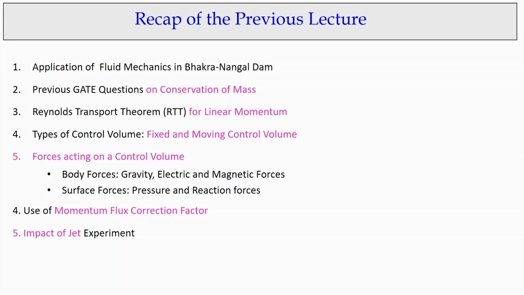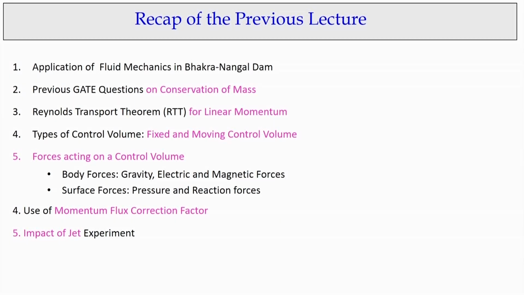And we talked about the forces acting on a control volume. There are two types of forces, body forces and surface forces. The surface forces are pressures and reaction forces, which we will discuss a lot today.